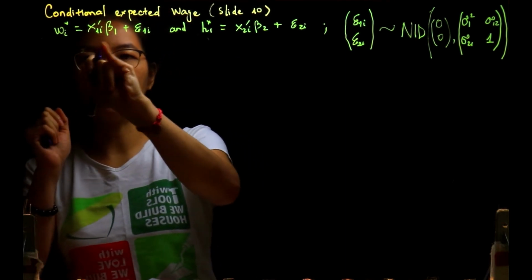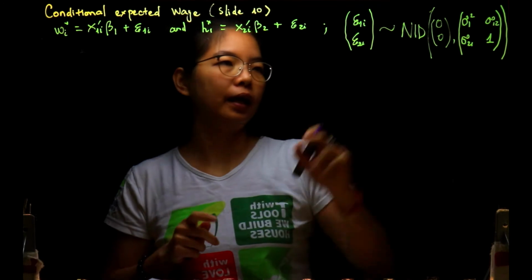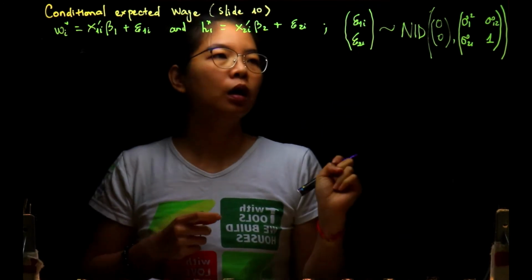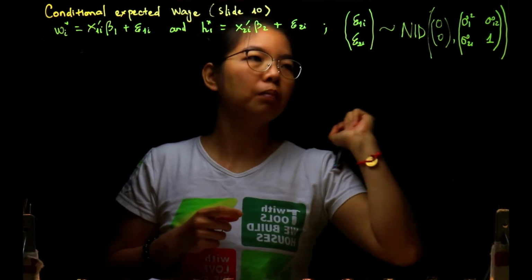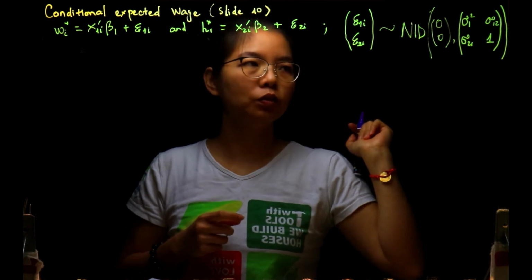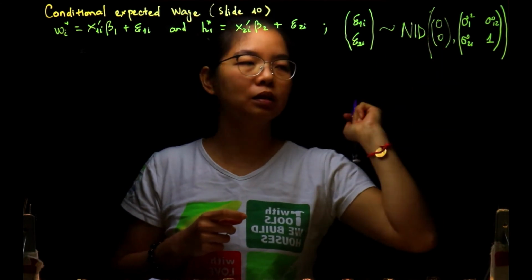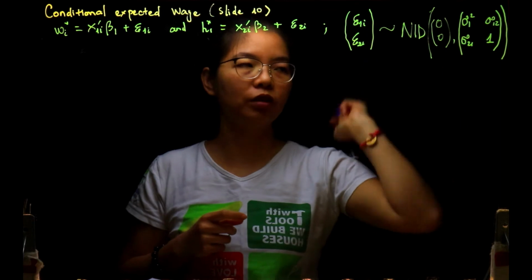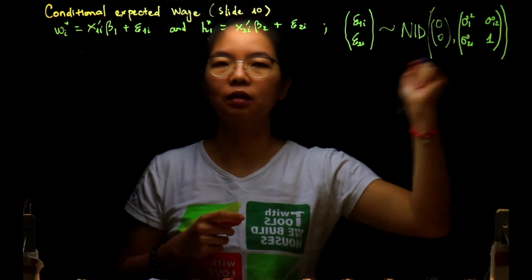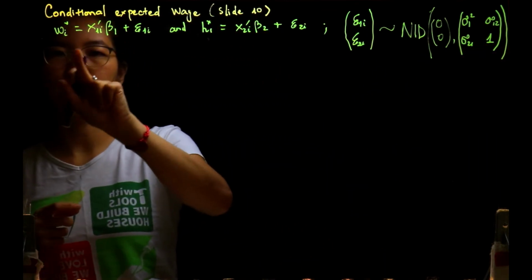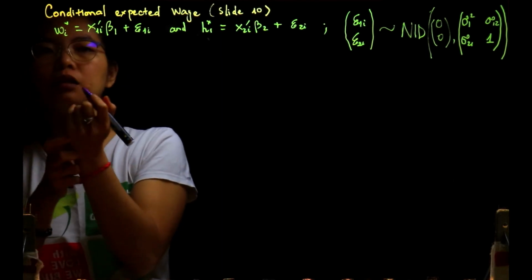They may or may not overlap, we'll see later. And then we have the two error terms bivariate normally distributed with mean zero and the covariance matrix given by this. This information will be important for the derivation.